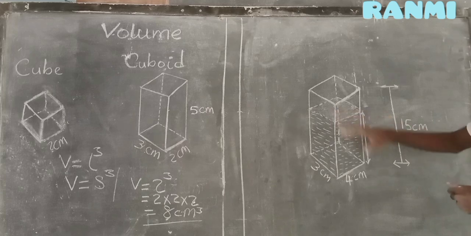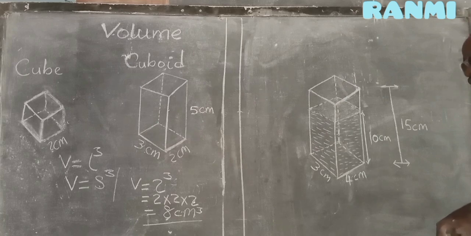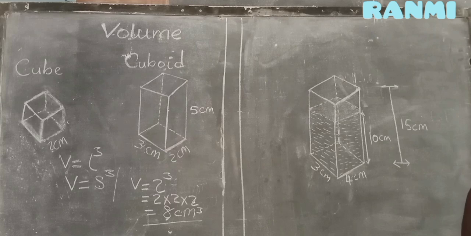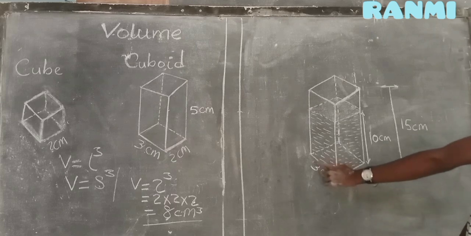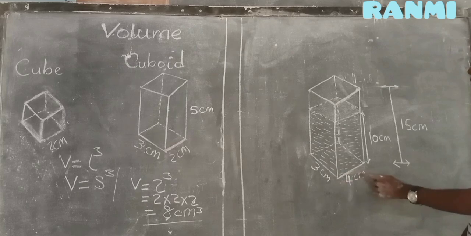Now, how do we calculate the volume of the liquid which is inside of this container? To calculate the volume of the liquid inside of the container, we are going to look at the length 3 centimeters and the breadth 4 centimeters and the height of the liquid from here up to here.